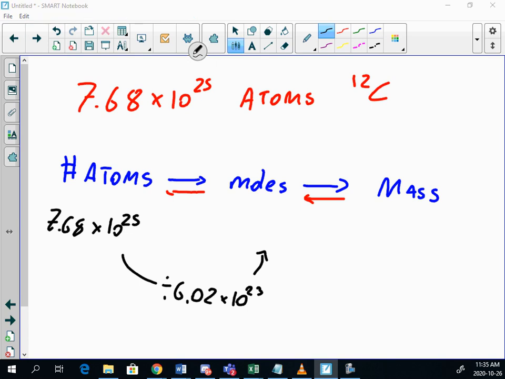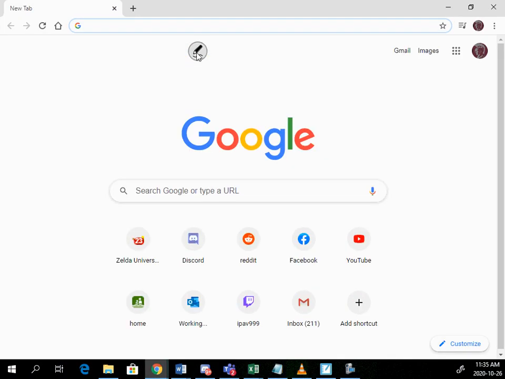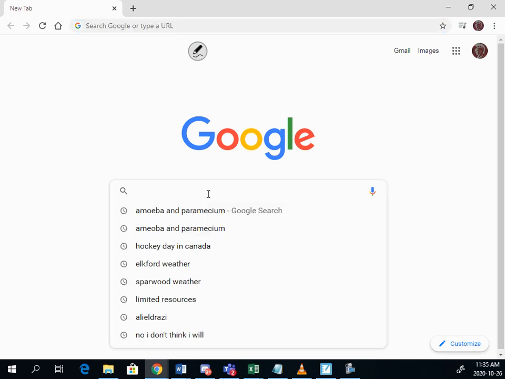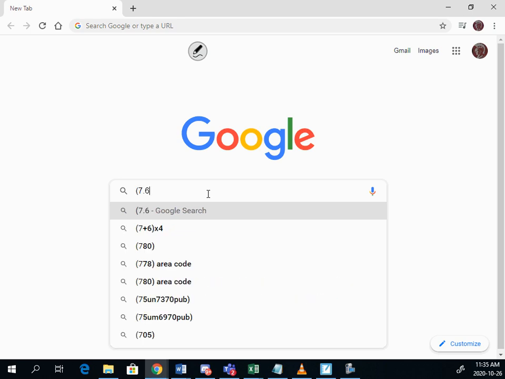So if I do 7.68 times 10 to the 25th, and I divide by 6.02 times 10 to the 23rd, well, let's take a look at what I would have to do using something like Google's calculator. All right, so here on Google, I would type in the number of moles in brackets, and I would have 7.68 times 10 to the power 25.